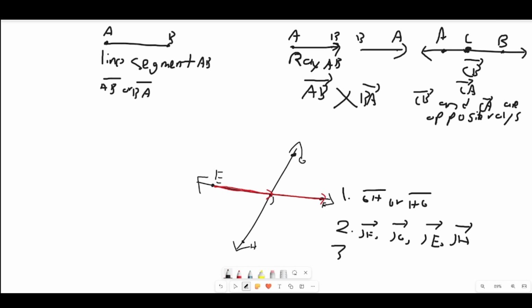So the answer to 3 is EF. And that's all for today's lesson.